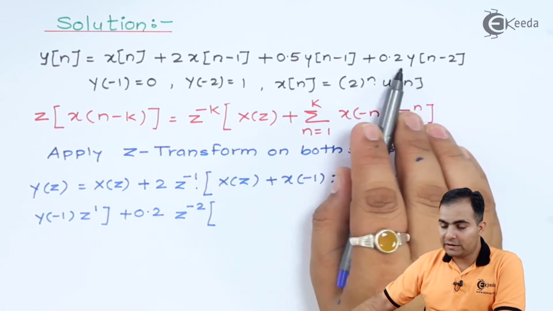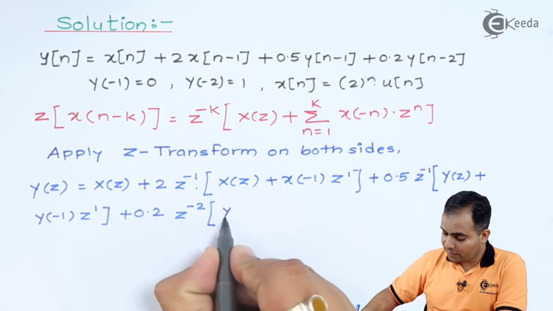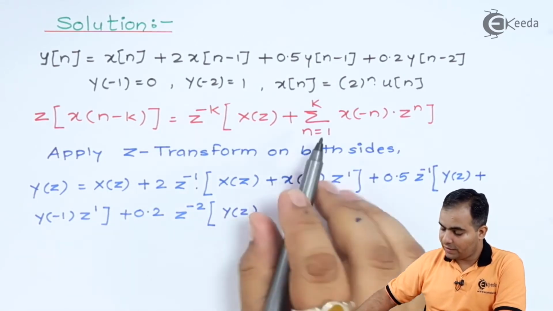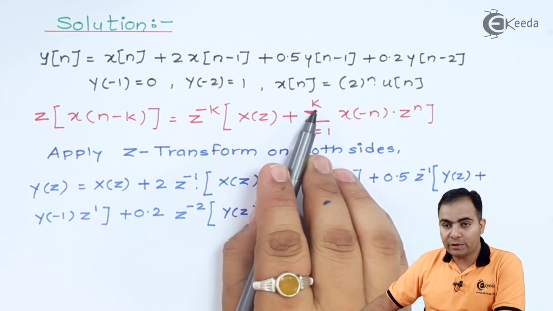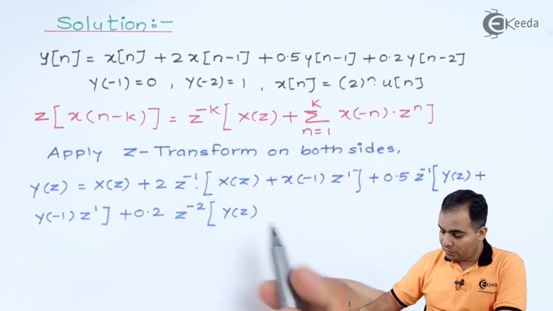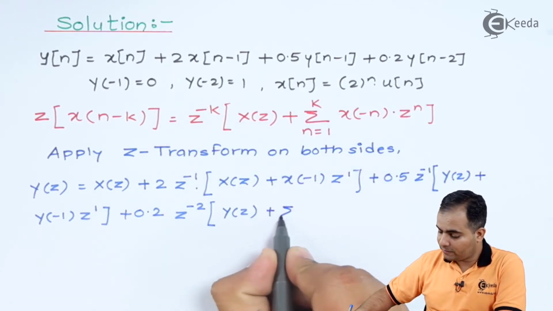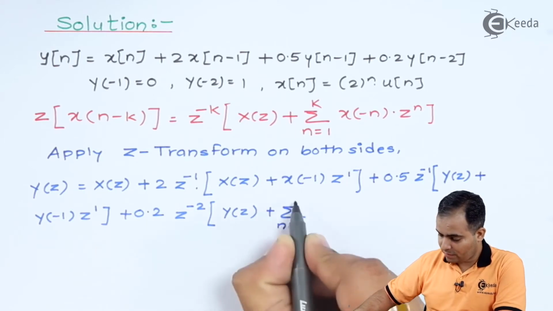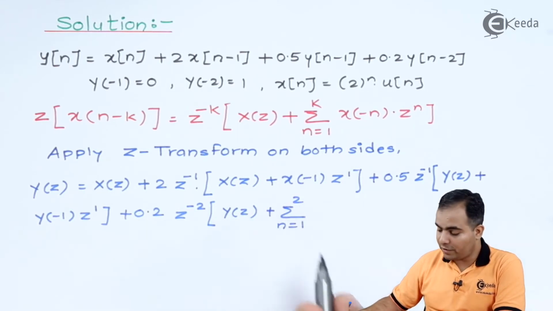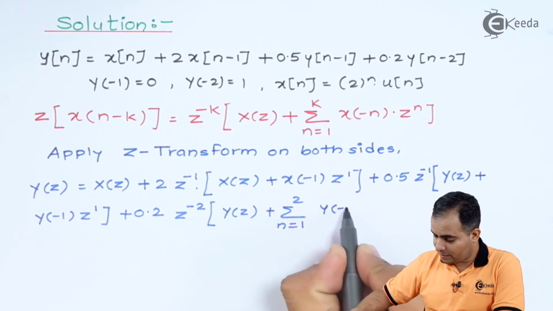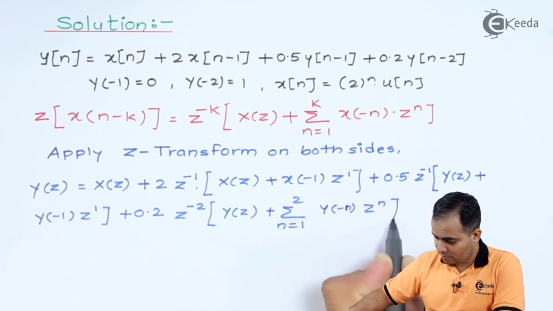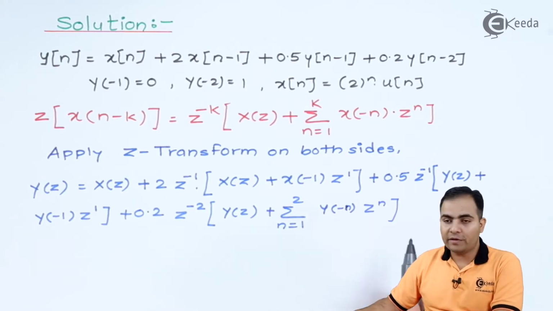Now the next one is according to the formula. First of all, we will write the z transform of y of n, which is y of z. Next we will use this formula, but here the k value is 2, so we'll use this summation where n varies from 1 to 2, and then y of minus n z to the power n.